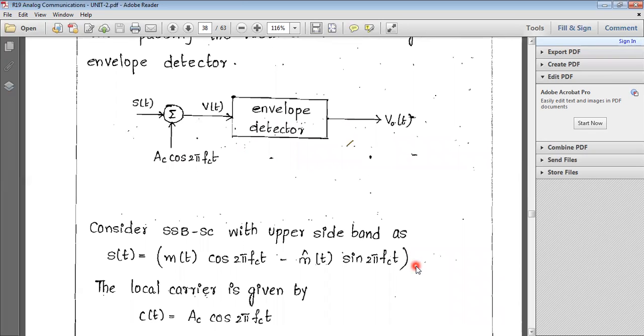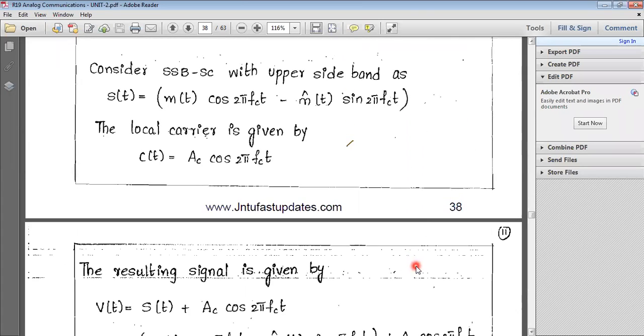Now coming to the mathematical analysis, consider the SSB wave with upper side band. If we consider both side bands, then the sign becomes plus or minus. But here we consider only the upper side band, therefore we directly write the sign as negative.